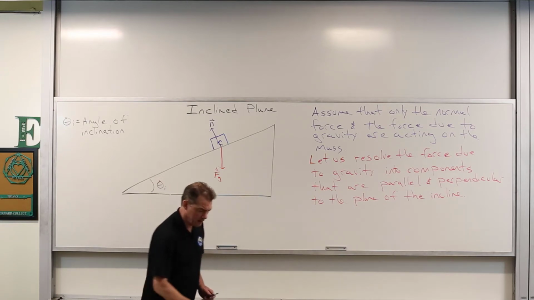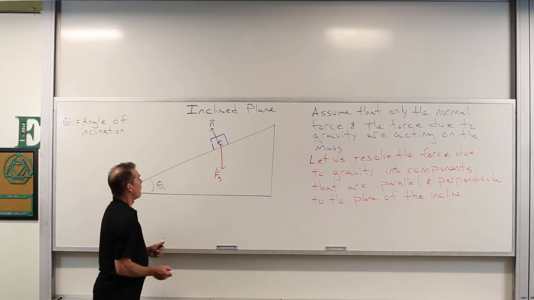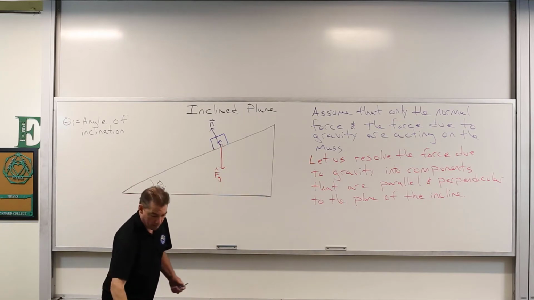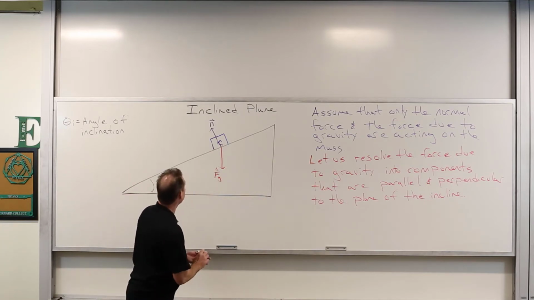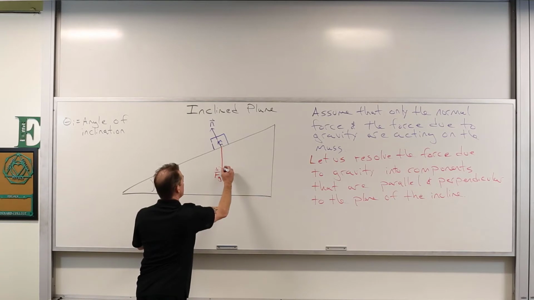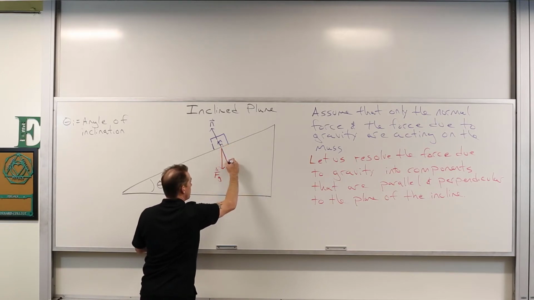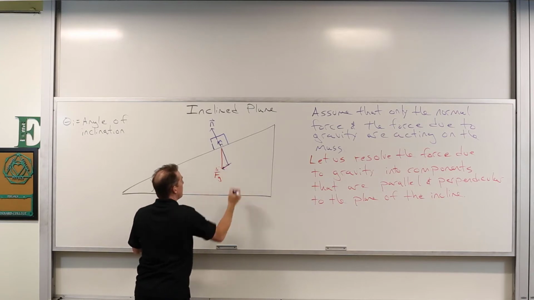So what I want to note is this vector here can be broken up into two perpendicular parts. One part that is parallel to the incline, and one part that is perpendicular to the incline. So let's start with the perpendicular component. I just need to form this, and then we've got this.